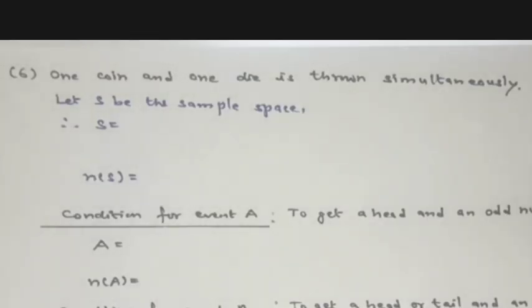Question number 6. One coin and one die are thrown simultaneously. Consider the following cases. Let S be the sample space. My dear student, I request you to refer to my previous video of practice set 5.2, where I have written the sample space with all explanation of how it comes when one coin and one die are thrown simultaneously.